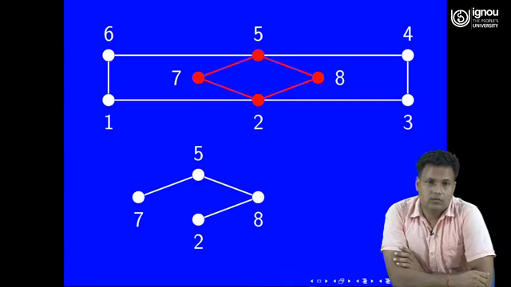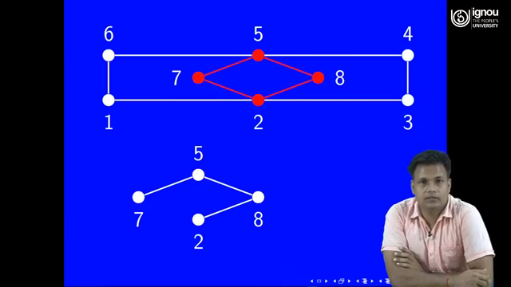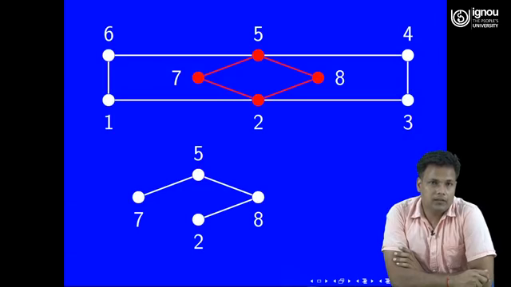So 2 and 7 are vertices of this subgraph as well as vertices of the original graph, but in the original graph 2 and 7 are adjacent, whereas in this subgraph they are not, and hence this subgraph is not an induced subgraph.